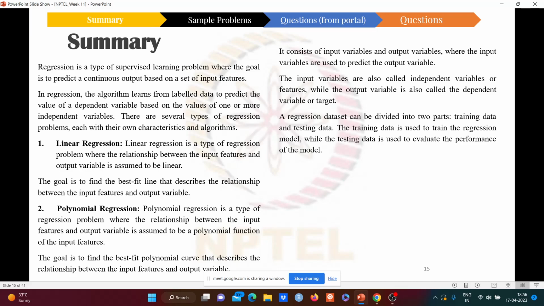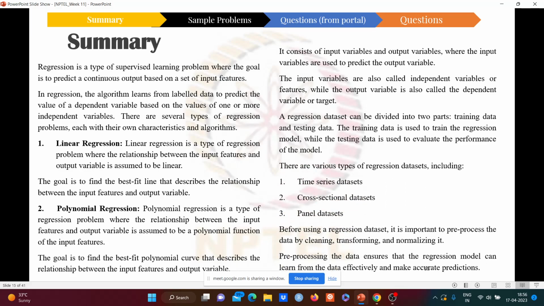Again, this regression data can also be split into two parts: training and testing data set. Some example data sets are time series data sets, cross-sectional data sets, and panel. In a regression problem, it is important to note that there is a pre-processing step before developing a model.